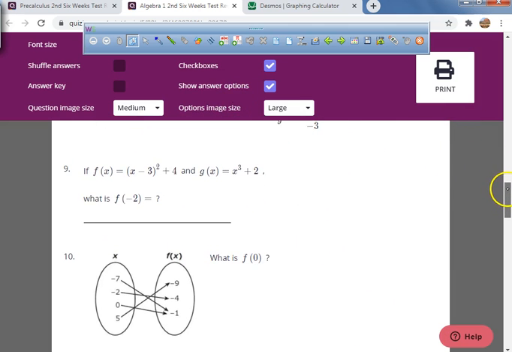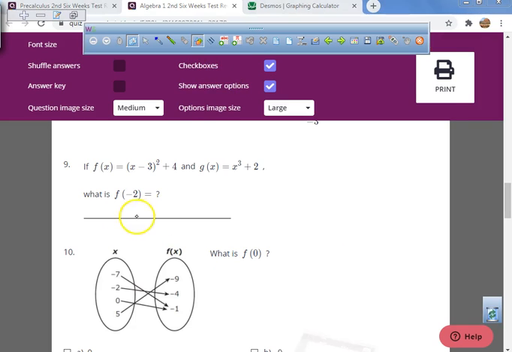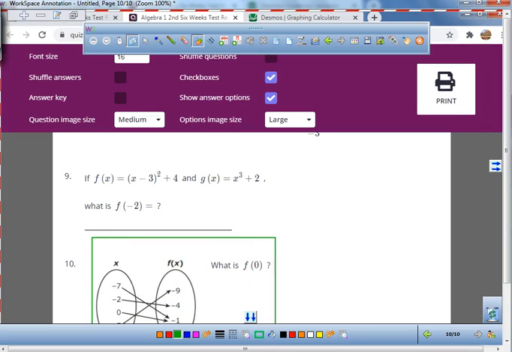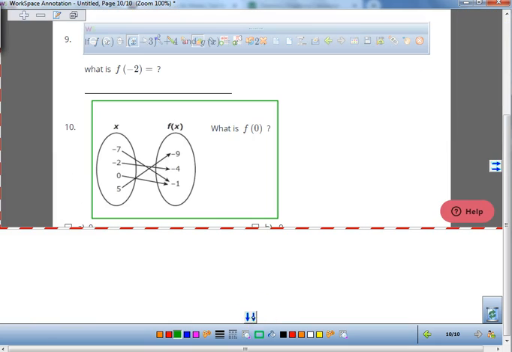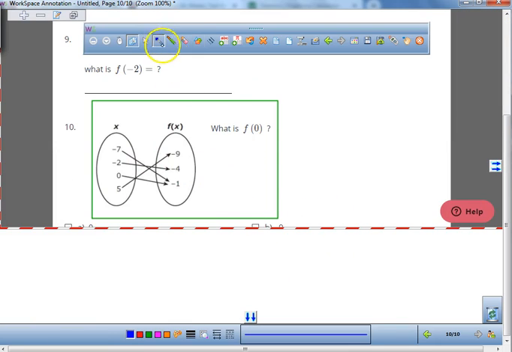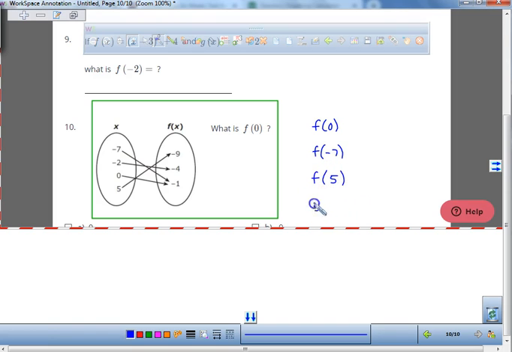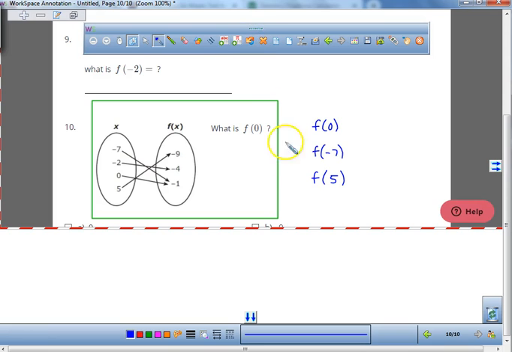Right here, guys. Last thing we're going to do is I need you to put this in your journal. All right? So as you're writing it down, here's what I'm going to do. I'm going to find out what f of 0 is, what f of negative 7 is, what f of 5 is, and what f of negative 2 is.